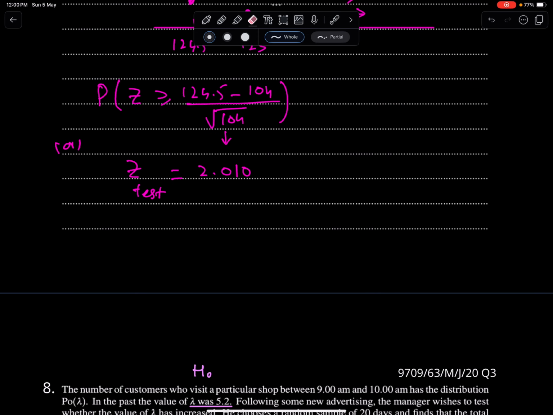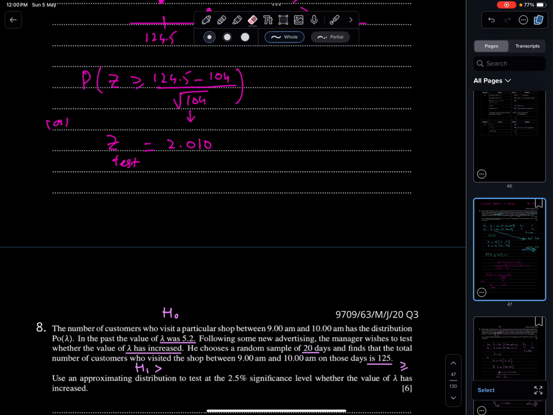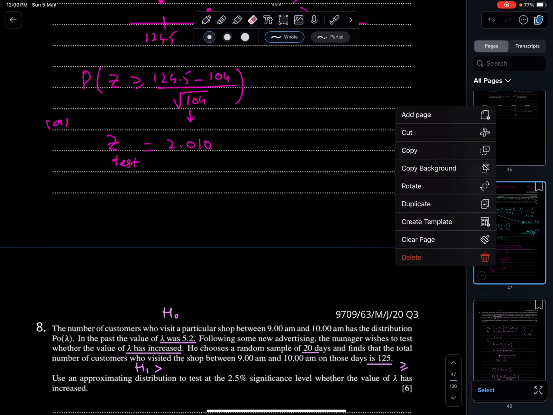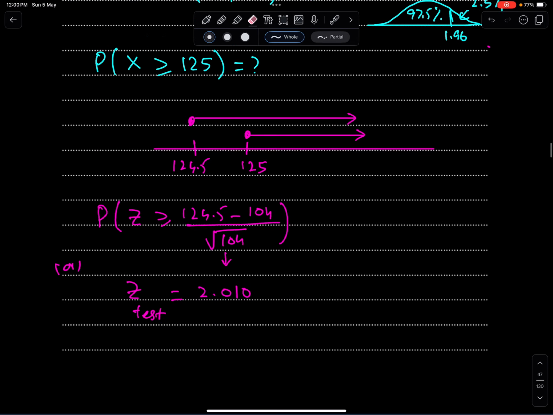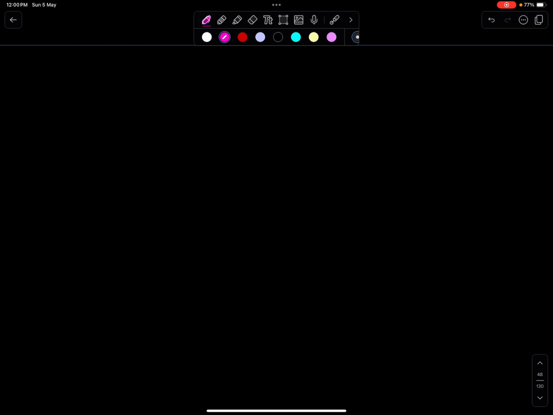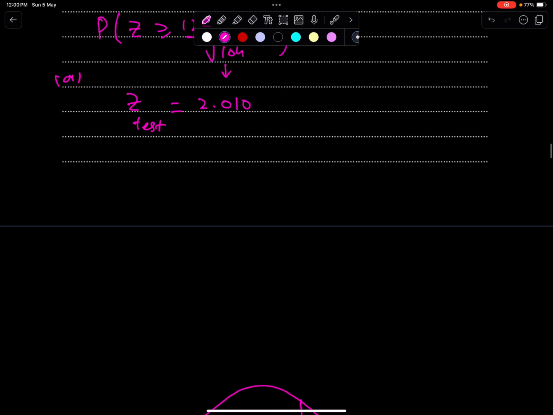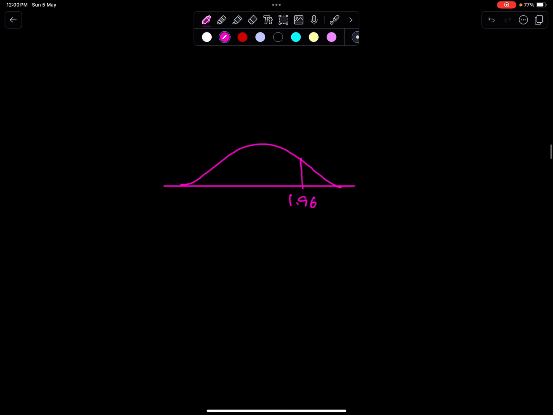Now we have to compare this with the normal distribution sketch. See, this is 1.96 and we got 2.010.